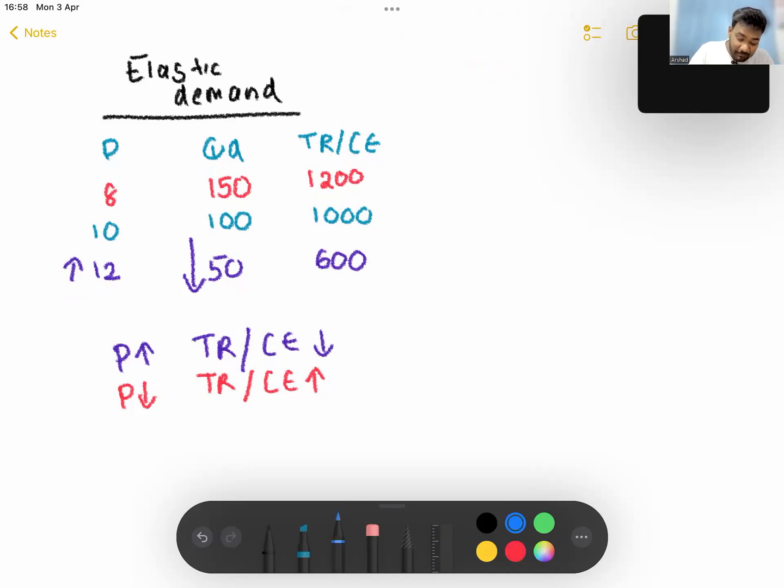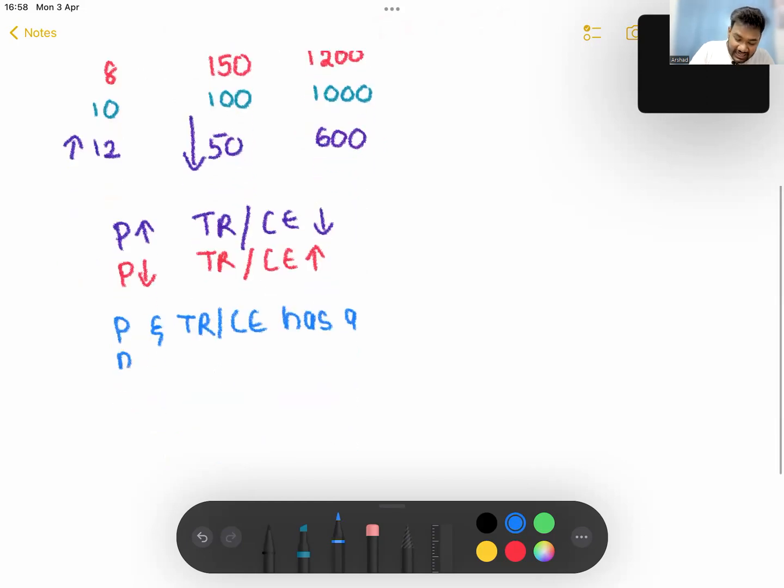So you can say price and total revenue, or in other words, consumer expenditure, has a negative relationship when price elasticity of demand is elastic.